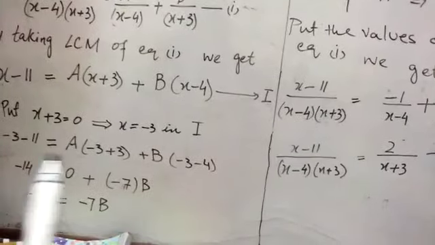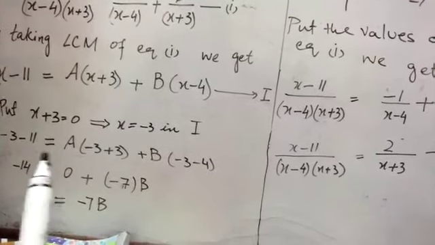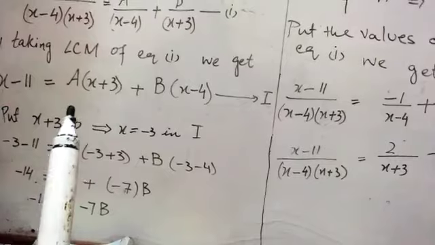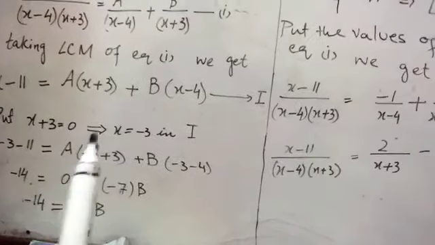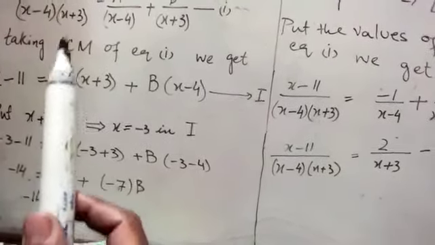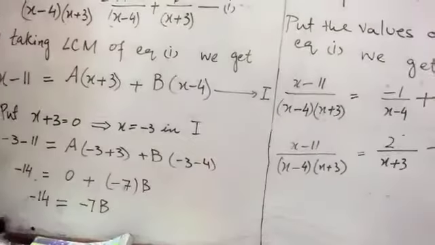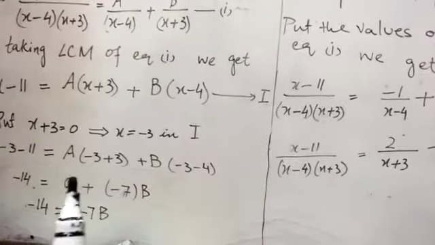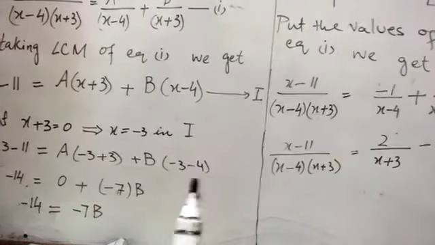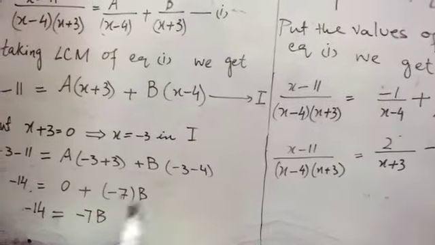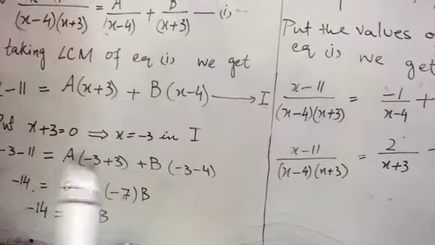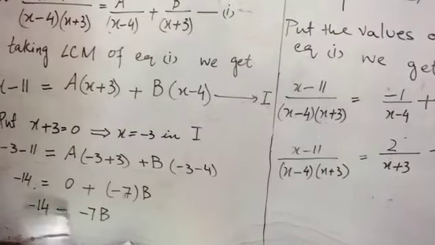By putting in each value in the identity one by one, each factor of the denominator equals 0, we get one term equal to 0. Always we get one value of the supposing numerator, and all other terms become 0.